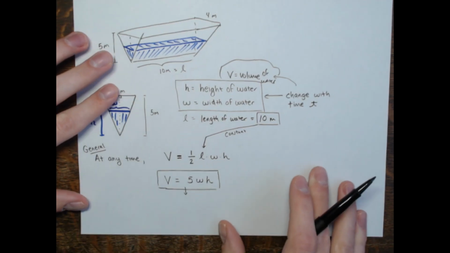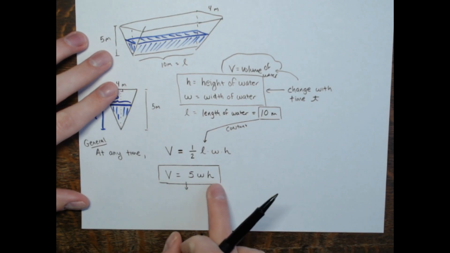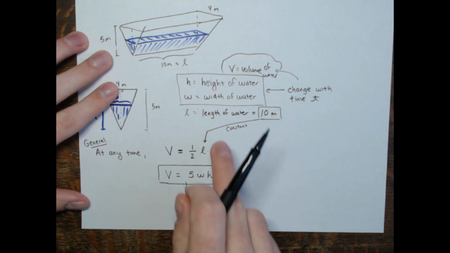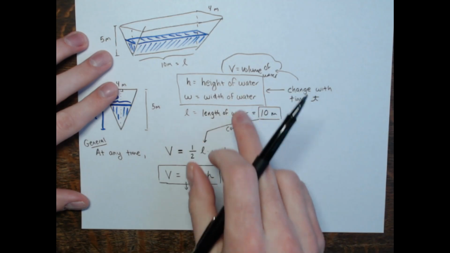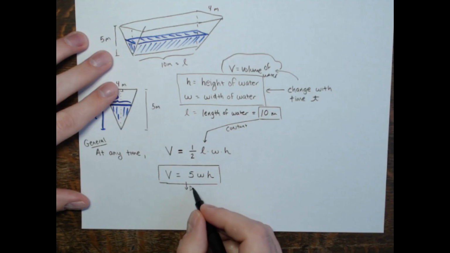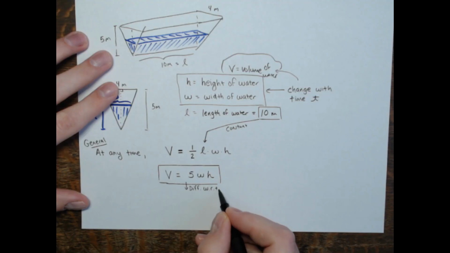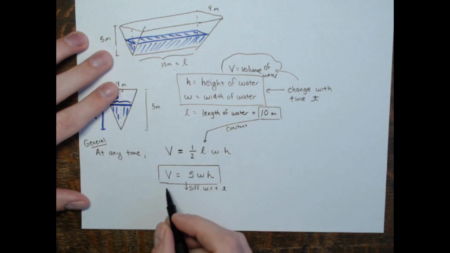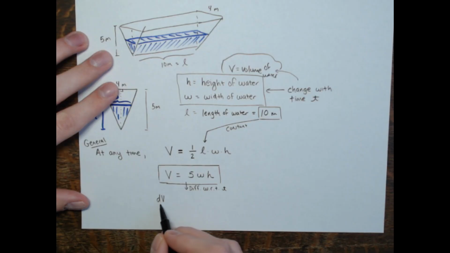Now I have an equation that involves all the stuff that's going to change with time: the volume, the width, the height. And we write our related rate equation, right? Differentiate with respect to time.